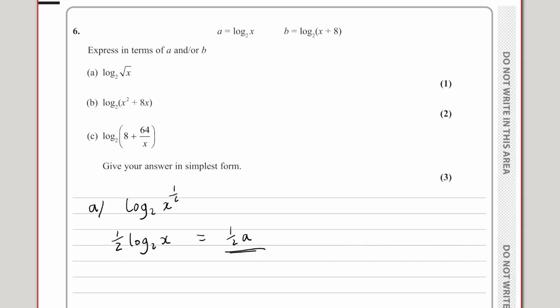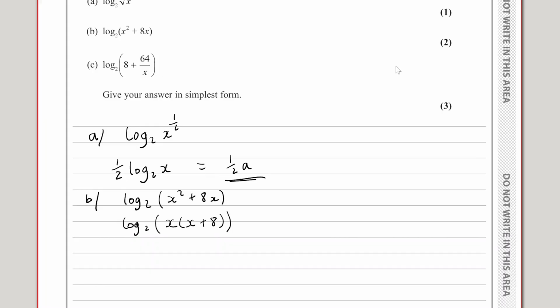Part b, we've got log base 2 of x squared plus 8x. X squared plus 8x is the same as x times x plus 8. And when we've got two things multiplied together, we can change them to an add.